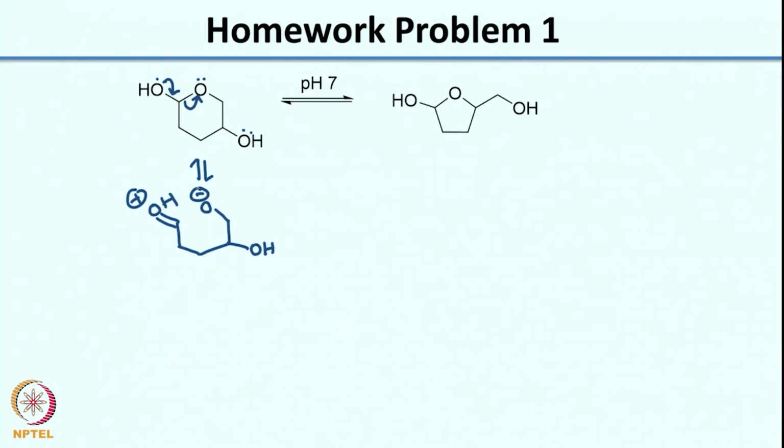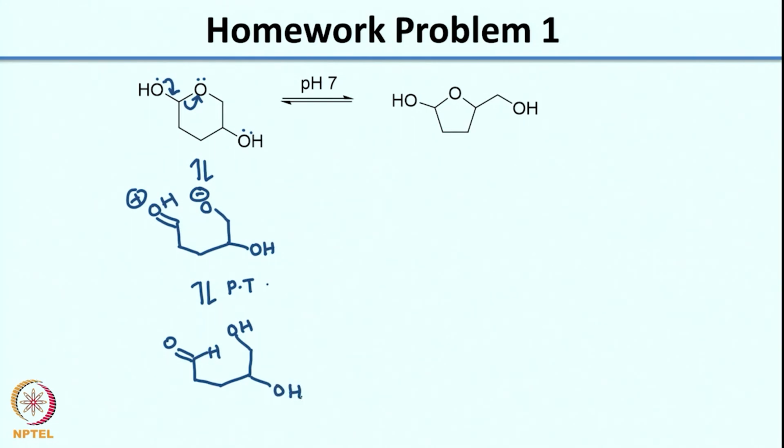So, this would be the species that I would get. Then, as I showed you the last time, I can do a proton transfer. So, what I would end up getting would be another neutral species.